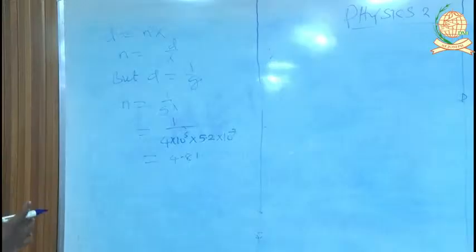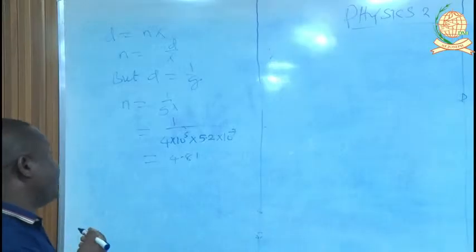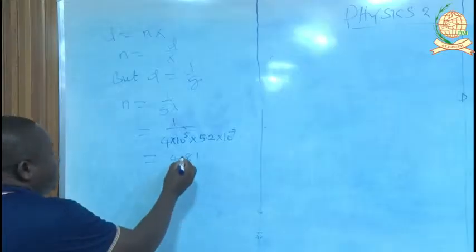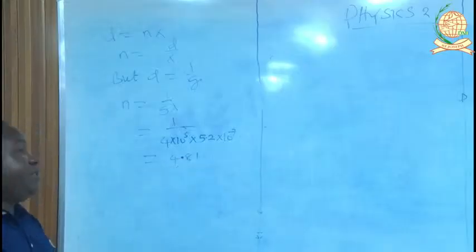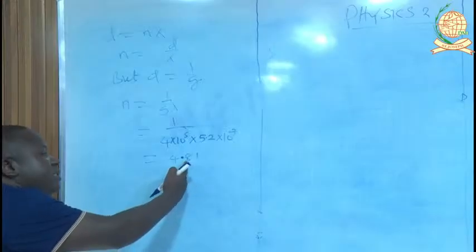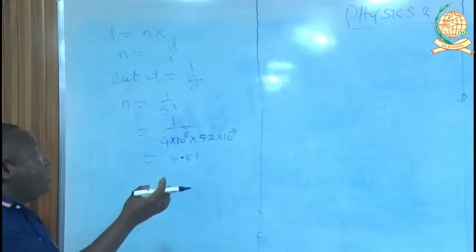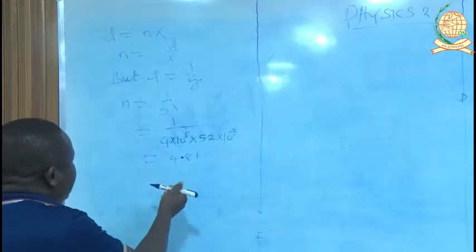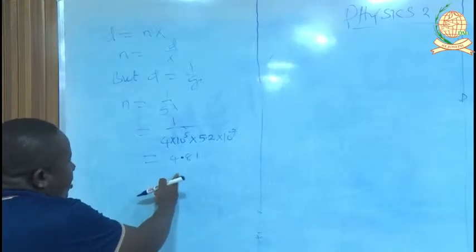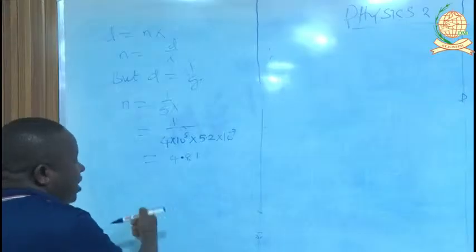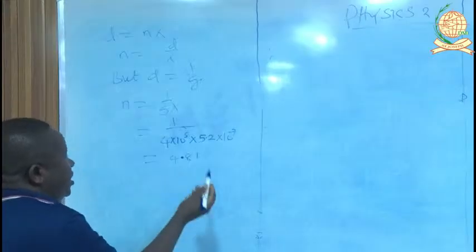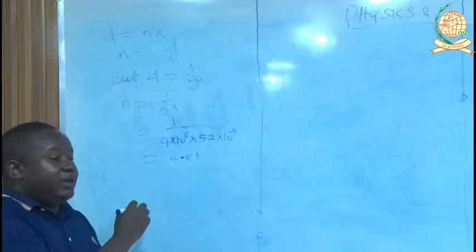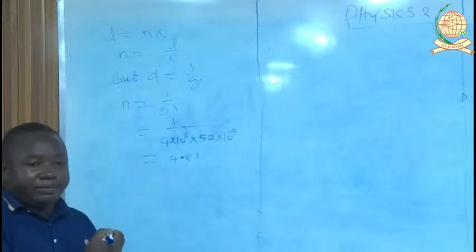Then there's a decimal point. So which one are you going to take? Some students make mistakes here by estimating. Number of order is just a natural number, not a decimal. You cannot have an order and a half. So some students make the mistake of approximating to 5.